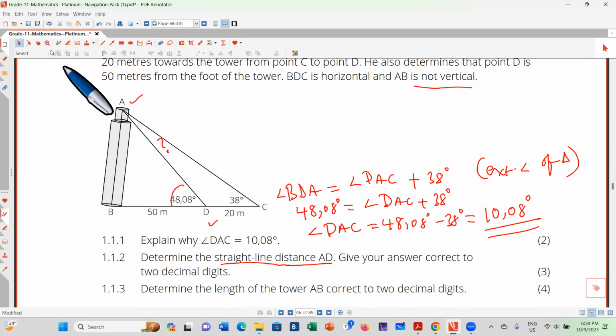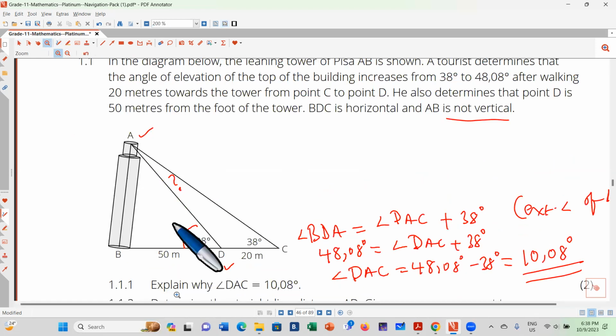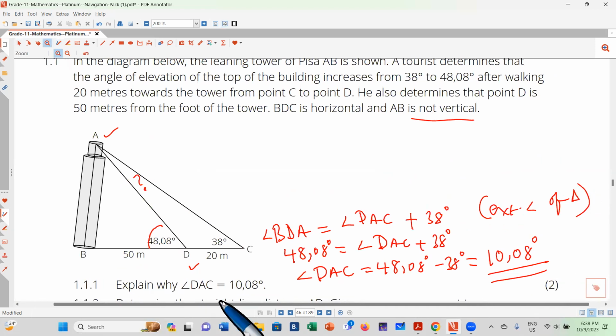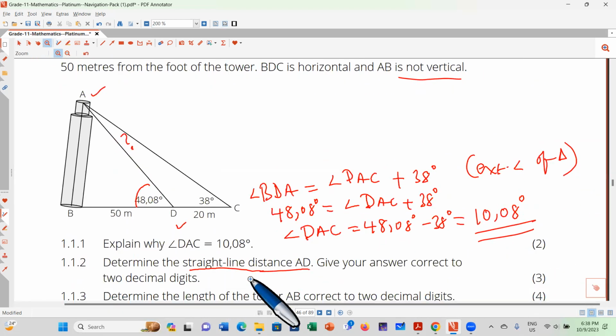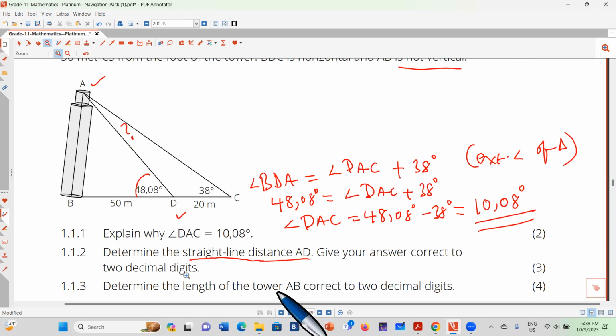Right, so we have exactly these here. So in view of these, determine the straight line distance AD.